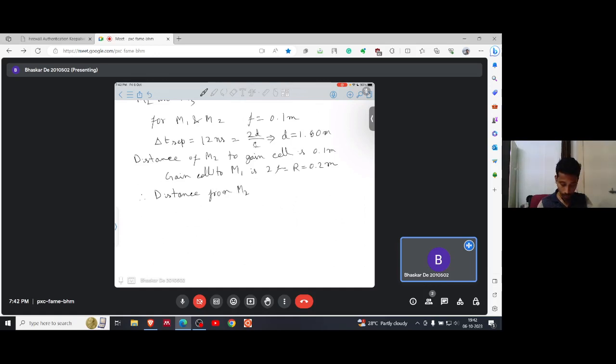So the distance from M2 to M3 is 1.80 minus 0.1 minus 0.2, which is 1.50.